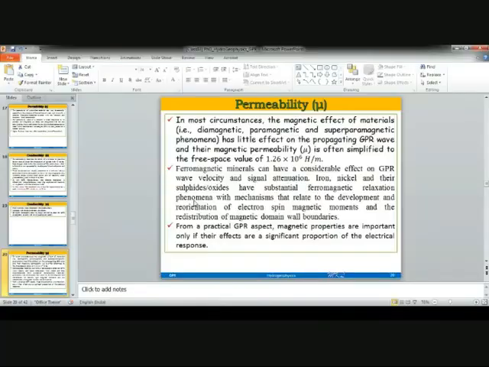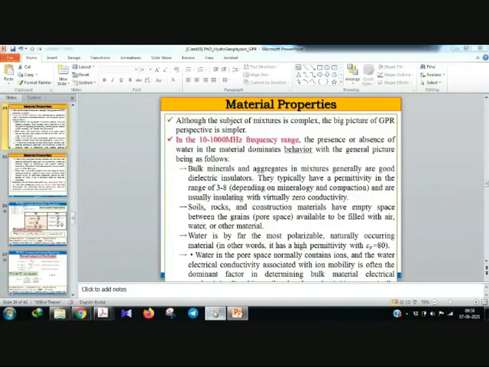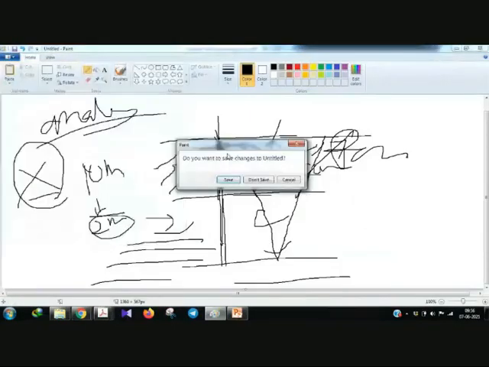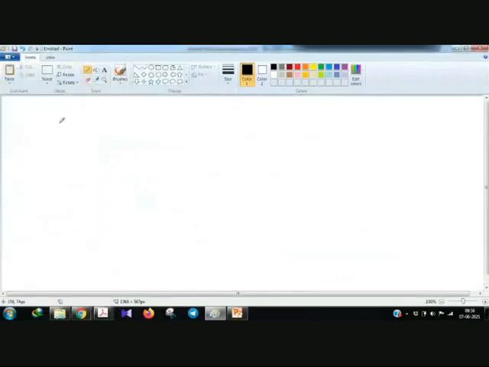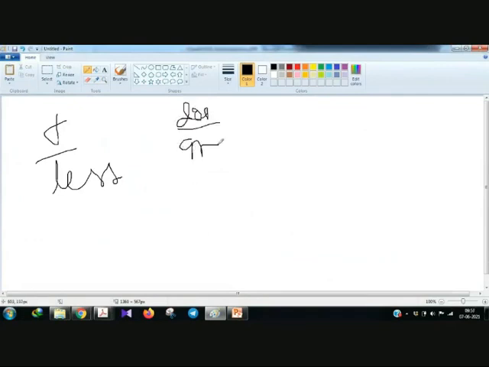One thing I didn't mention here is that if the frequency is less, then the depth of penetration will be greater. If frequency is high, then depth will be less.